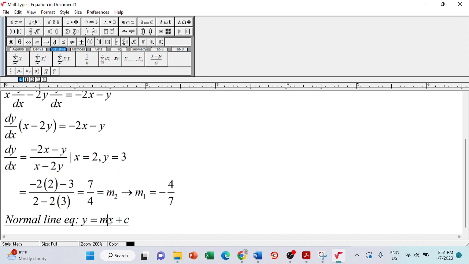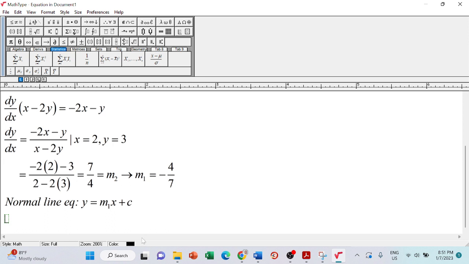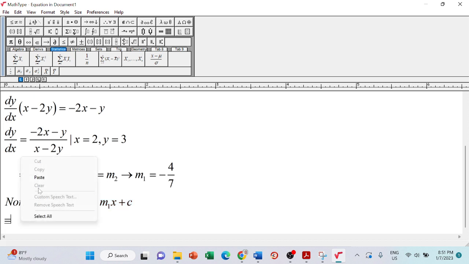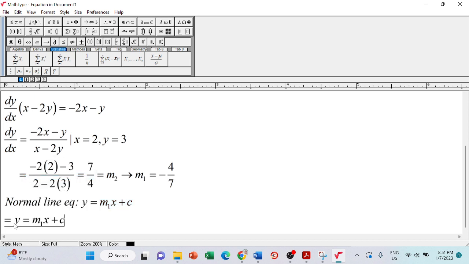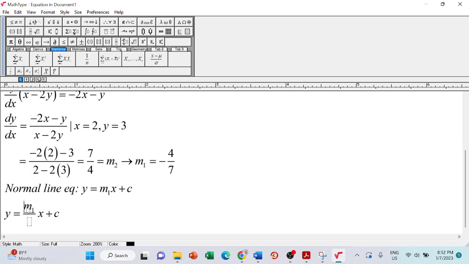So m is your M1, negative 4 over 7. Let's substitute the gradient first.